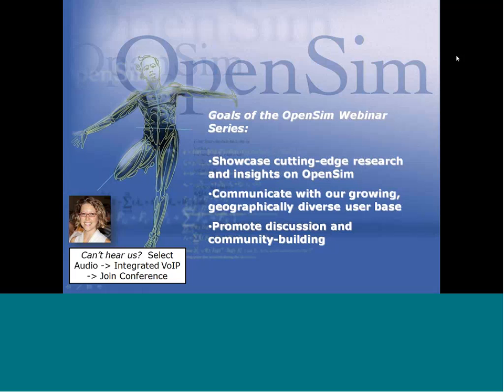So the first goal of our webinar series is to showcase the cutting-edge research that's being performed with those tools in OpenSim. OpenSim is also a growing and geographically diverse community of users. So the second goal of our webinar series is to provide a platform for the OpenSim community to communicate and collaborate and share new research tools like Brad and Casey are doing today.